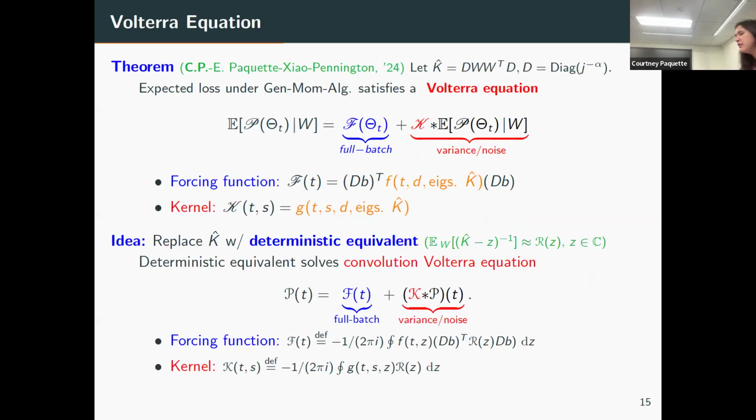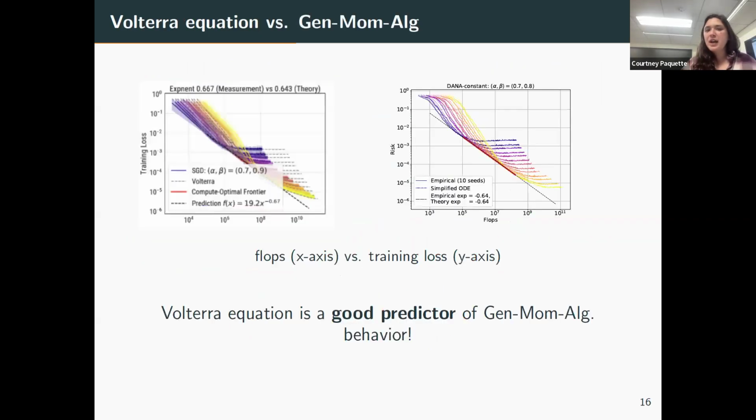Everything else is the same, and you have a deterministic ODE or a deterministic Volterra equation, which describes the behavior, and it just depends on the eigenvalues of this K hat matrix, so this DWW transpose. And again, it's a really good predictor for the behavior of these things.